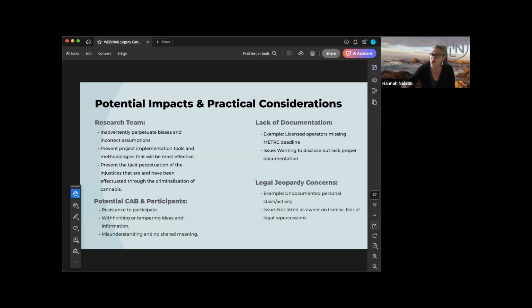It's another layer of re-traumatizing and recriminalizing, if these perceptions aren't accounted for and to a certain extent protected against.